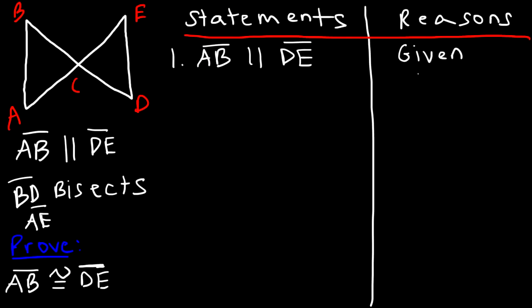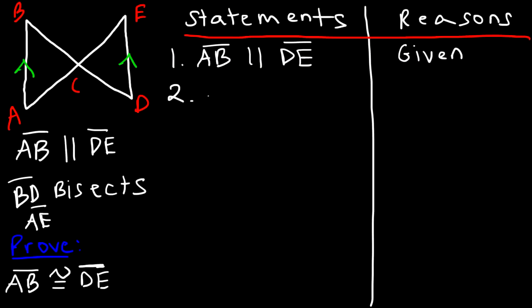So that's given. And let's mark it on the graph. So this is the symbol to indicate that two lines or two segments are parallel. Now, what can we figure out with this information? Knowing that AB is parallel to DE, what can we deduce?